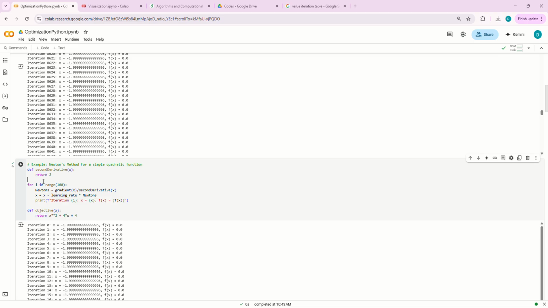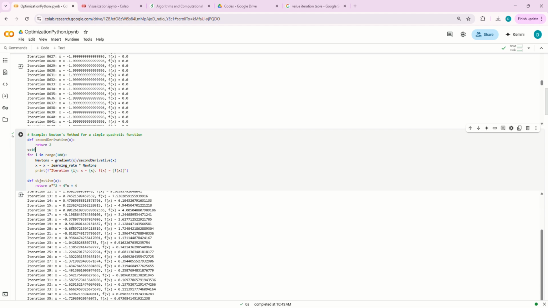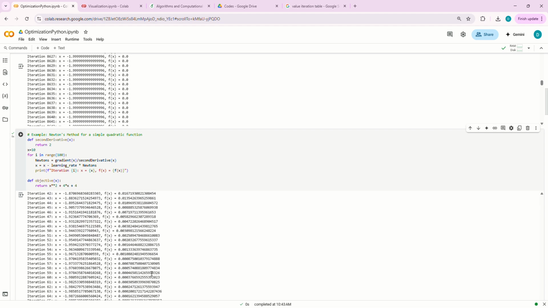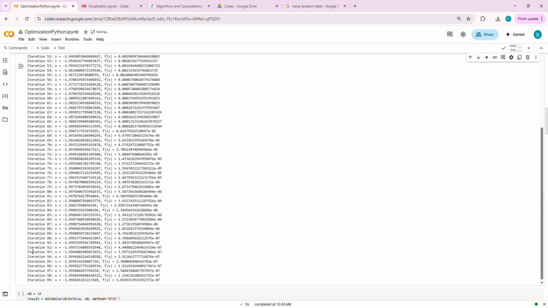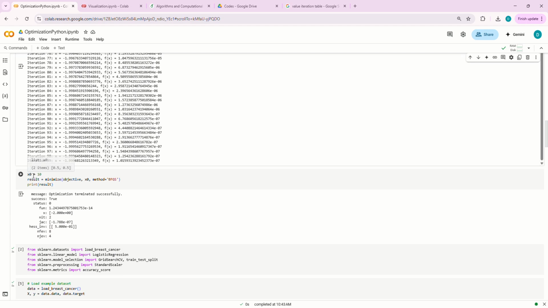Let's actually start out back with x equals 10. So yeah, it starts off moving a lot faster because the second derivative is larger, and then it goes slower over time.